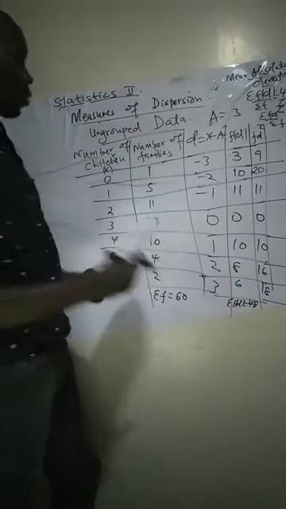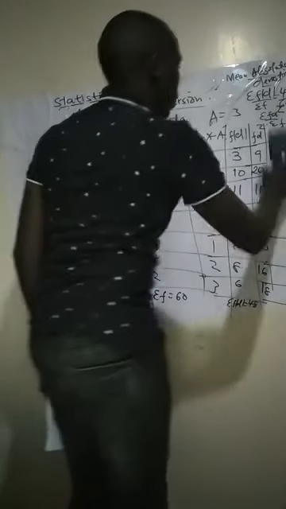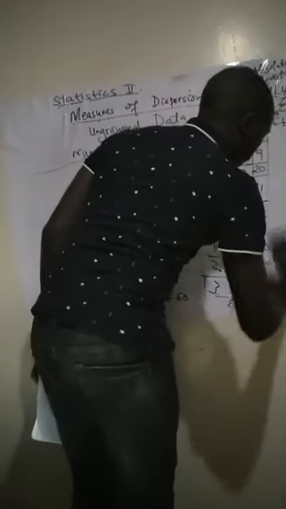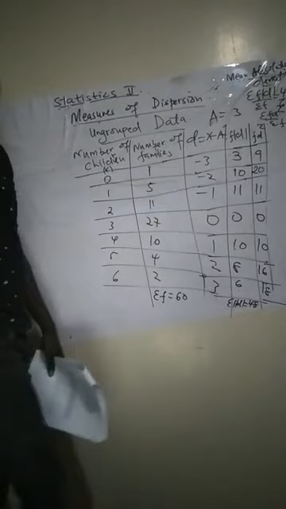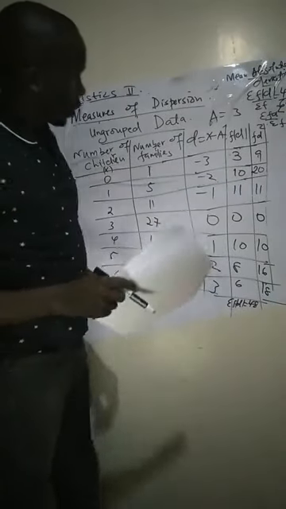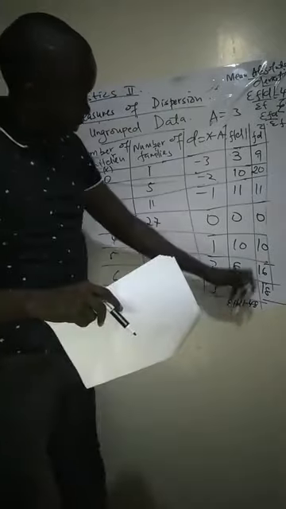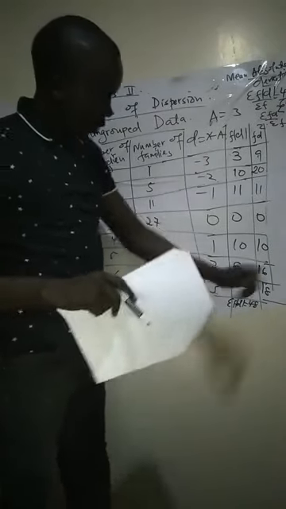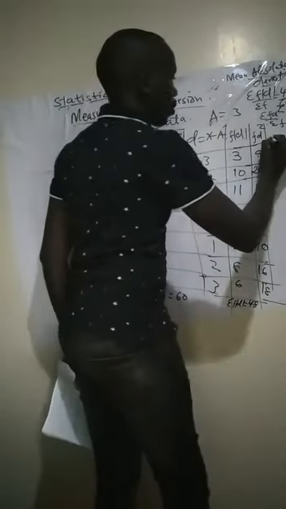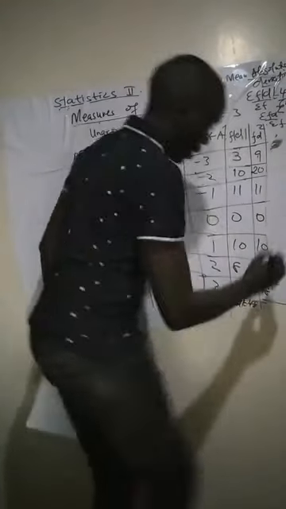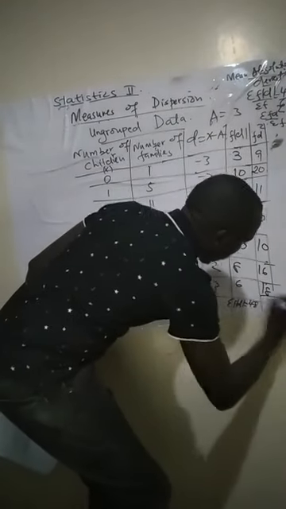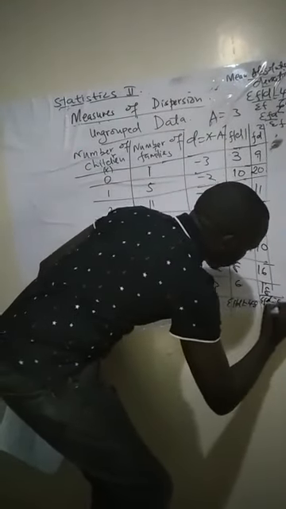Then the summation of fd squared. We're going to have 9, 29, 40, 50, 66, 84. So the summation of fd squared is 84.